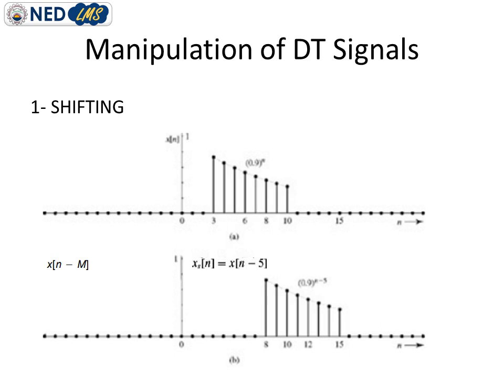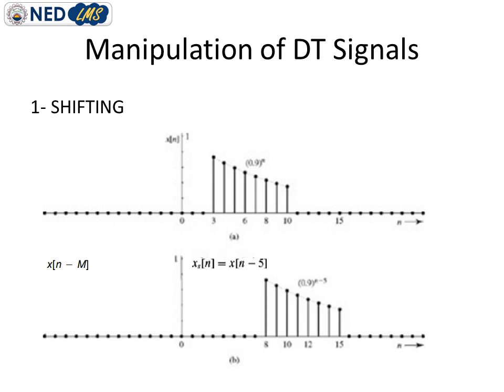If I want to shift a sequence by, for example, m samples or m units, here m must be an integer because we are talking about a sequence. So if we want to shift the sequence by m units, we just replace the n with n minus m.